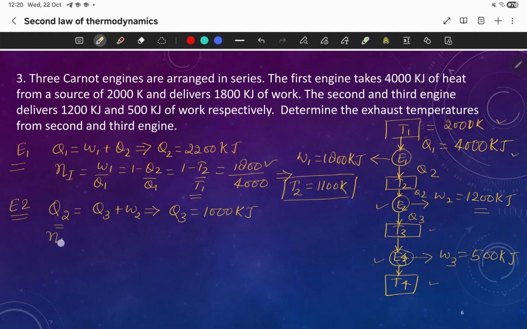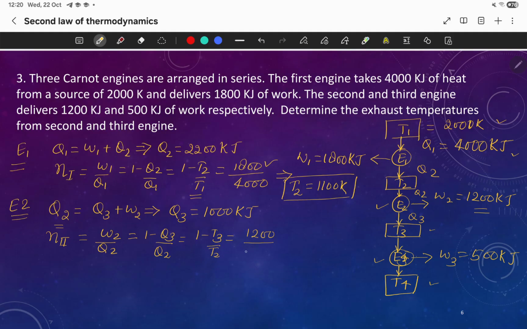Now write the efficiency for heat engine 2. This will be W2 upon Q2, which is equal to 1 minus Q3 upon Q2, or 1 minus T3 upon T2. So W2 we have, 1200 upon Q2.